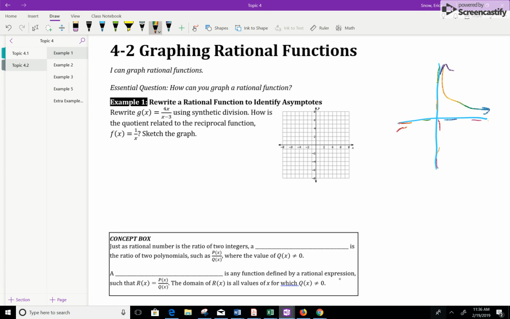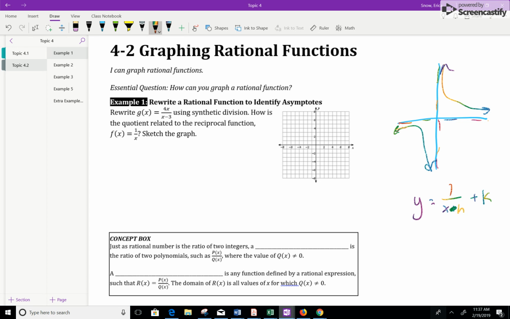Looked like this. And then you had shifts in your reciprocal function based on where h and k were, just like you do in a regular function.